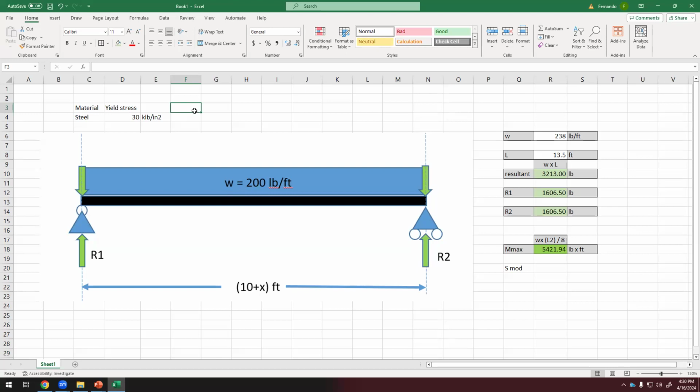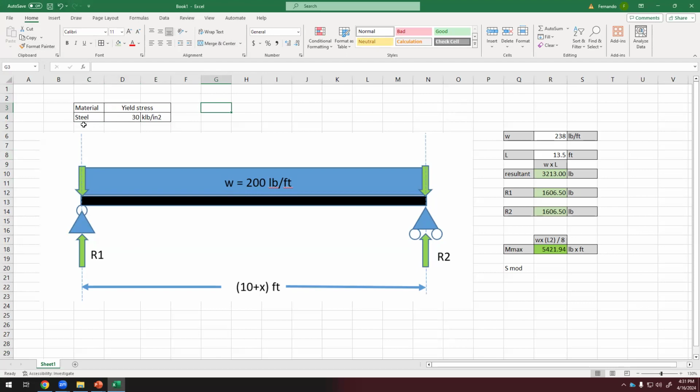So you can keep adding cells, and when we are calculating the section modulus, we have to select the right yield stress. Again, those are inputs, and we are not actually changing anything. If I'm using steel, I'm using this.